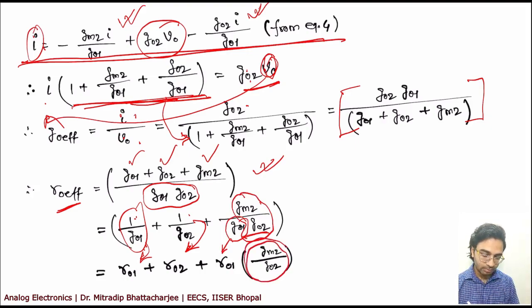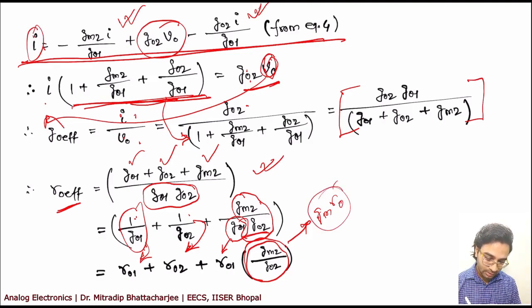What is the purpose of keeping this term as it is? What is this exactly? This is your Gm R0, and this value is equal to your beta, that means gain. So in this case we will write it as AV2. This is your gain, right?